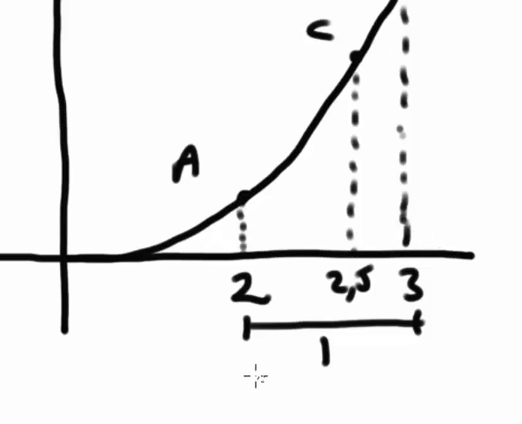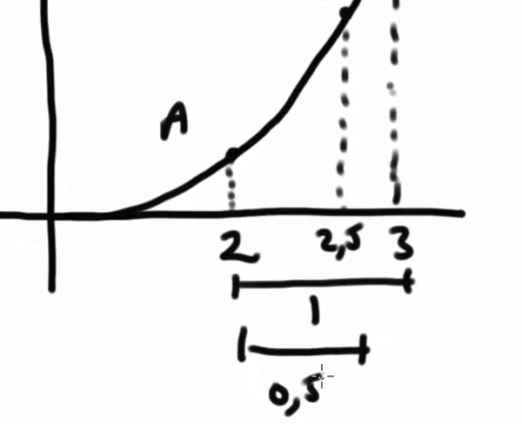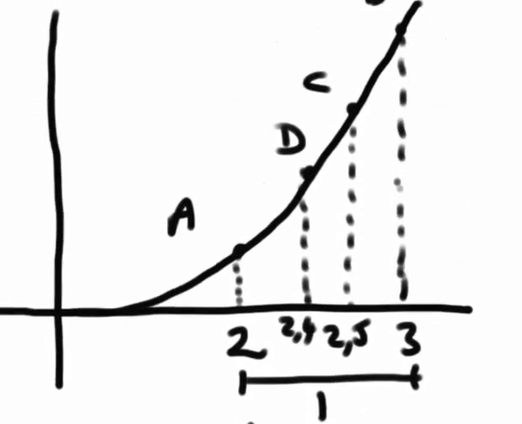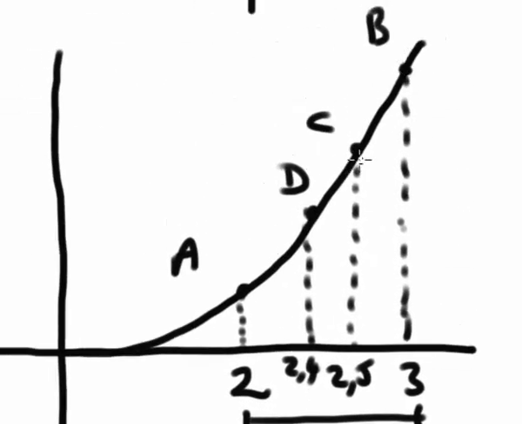So the distance between those two points would now be 0.5. Then we had point D, and the x value there was 2.4, and the distance is now getting really small. It's 0.4. So do you notice that the distance between the two points, as we move from point B to C to D and then eventually to A, where you get that tangent line?